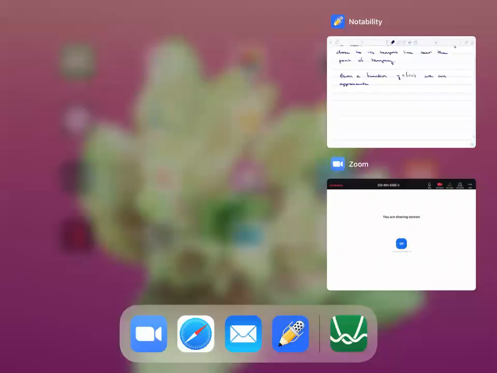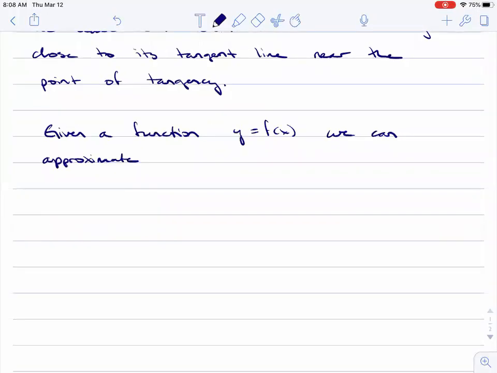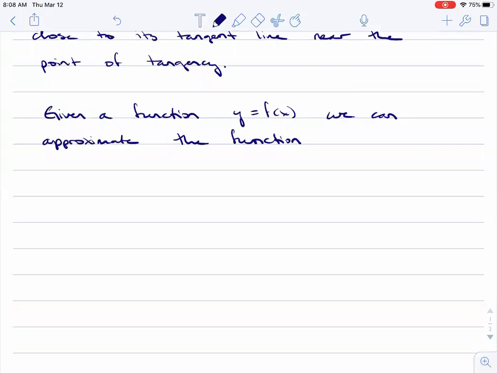We can approximate the function by its tangent line over small intervals.